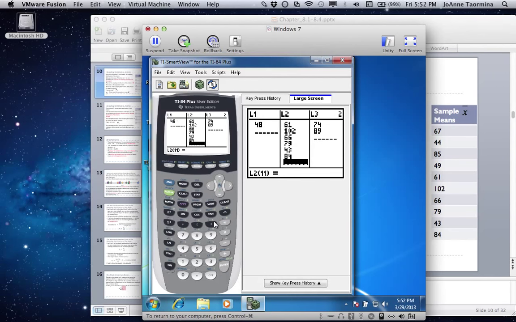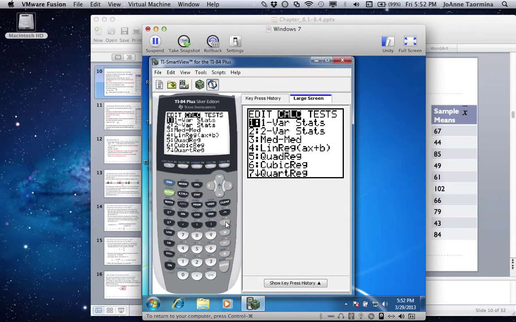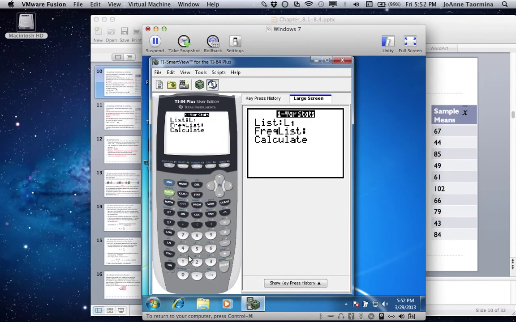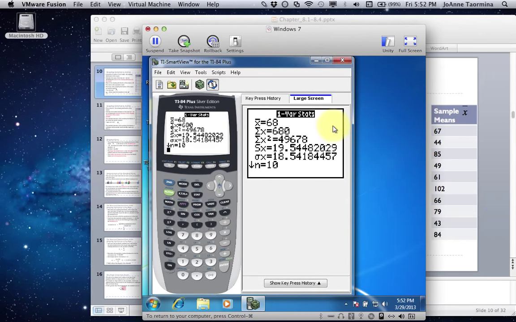There should be 10 rows. After you have all the sample means in there, find the mean of the means, which is simply the mean of that column, L2. So 1-Var Stats, change the list to L2, and calculate. Notice that the mean of L2 is 68.